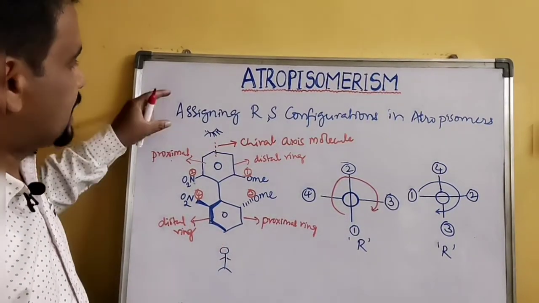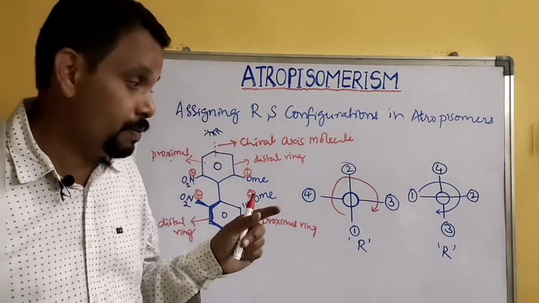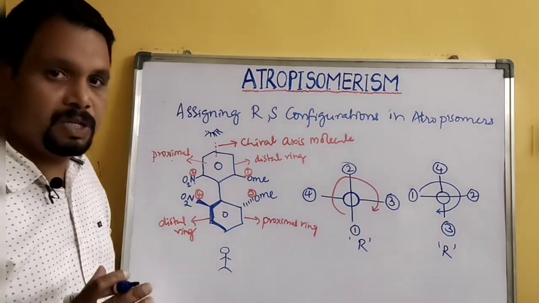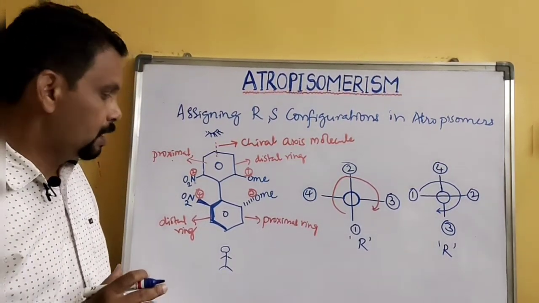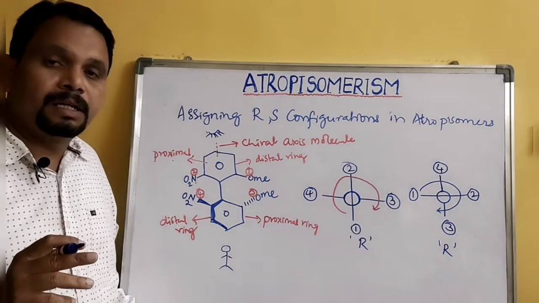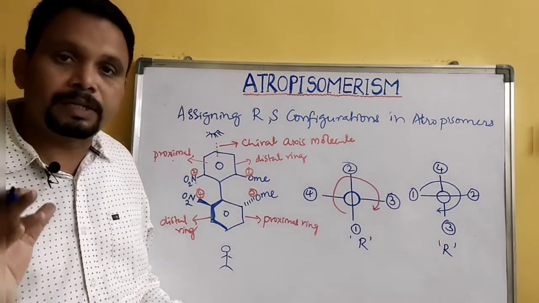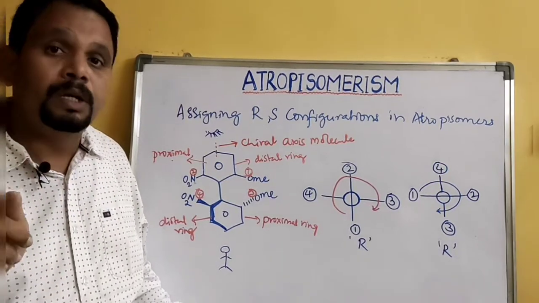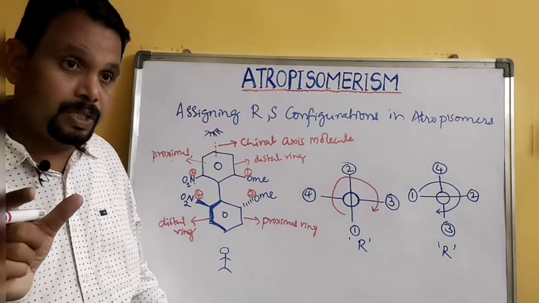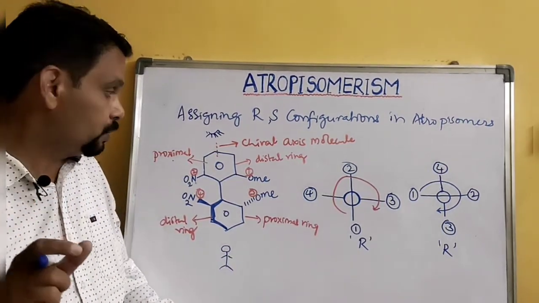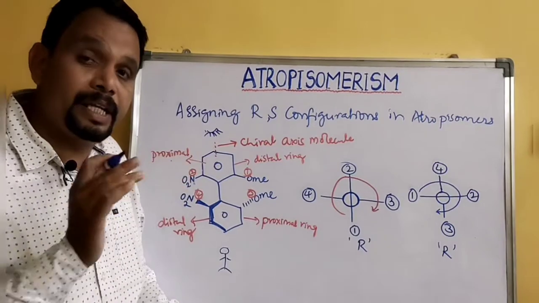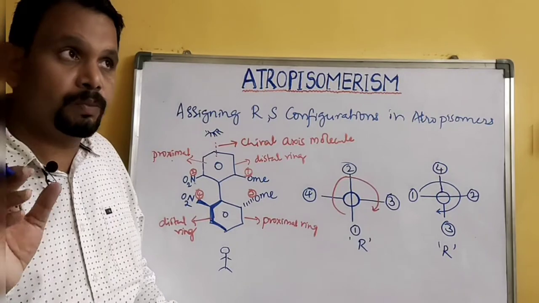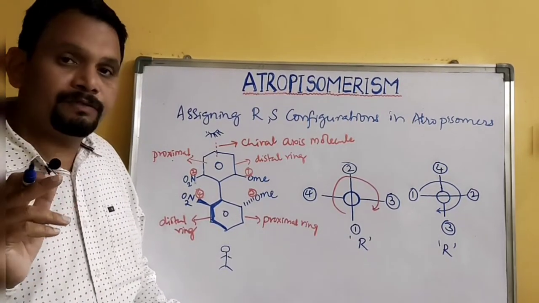To assign RS configurations in atropisomers, if you observe a molecule from a side, whichever ring is nearer is called the proximal ring, and the substitutions at ortho positions get 1 and 2 priorities according to Cahn-Ingold-Prelog rules, and the away ring is called the distal ring, and the substitutions at those ortho positions will be 3 and 4.